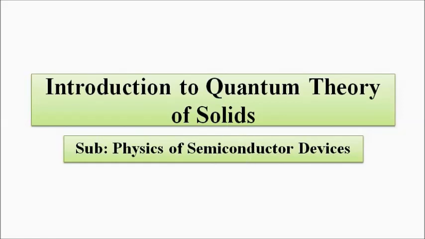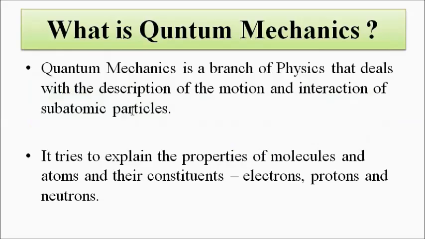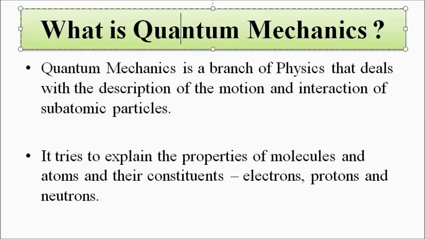Now, let us first see what quantum mechanics is all about. Quantum mechanics is a branch of physics that deals with the subatomic particles, the motion, the interaction, everything related to subatomic particles, that is the electrons, protons, neutrons, and all those things.